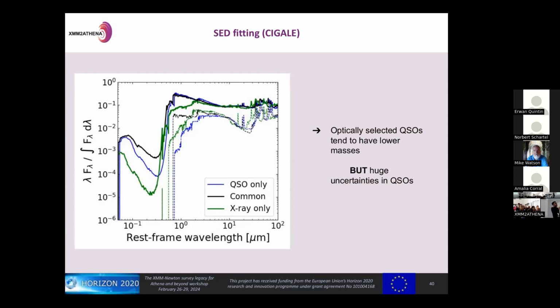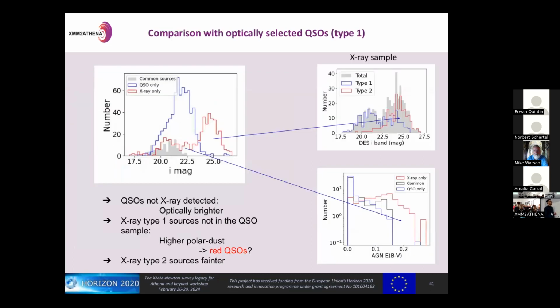We can see that the optically selected QSOs have lower masses compared to the X-ray sample. However, because the AGN is totally dominating, we are not quite secure about this result. This is something we want to work more on, to figure out how to do better QSO SED fitting to find the properties of the host galaxy, because the uncertainties there are huge.